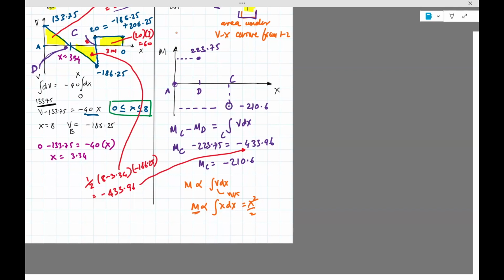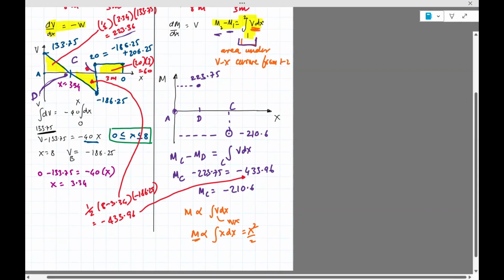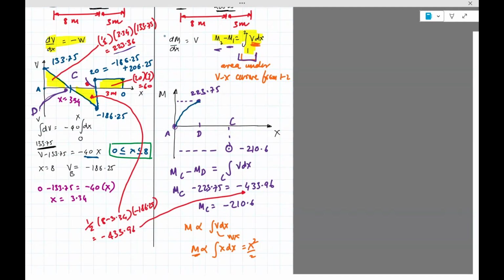So M is proportional to X squared, which means it's a quadratic. So we need to draw a curve from A to D and D to C, because from A all the way to C is a straight line, which means it's a linear function of X. So I need to join this like this.